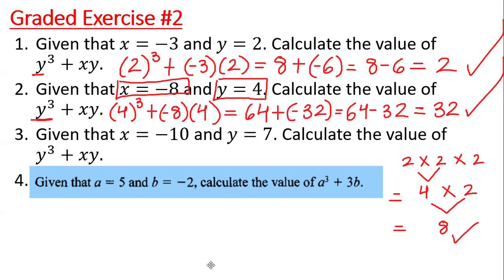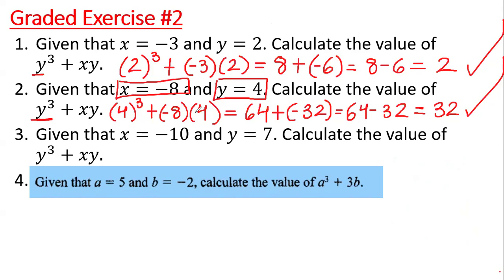Good. Ren, where's Ren? Ren, can you hear me? Yes, sir. Good. So Ren, what I need to know is, did you get number 1 and 2 right? Yes, sir.